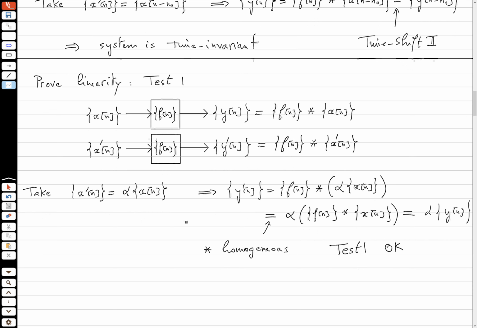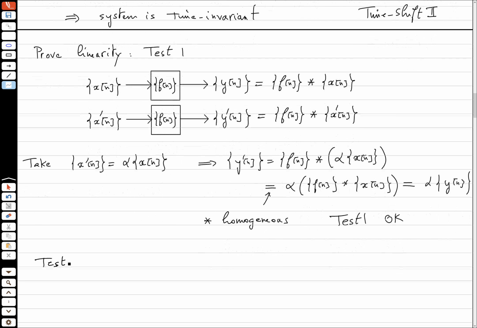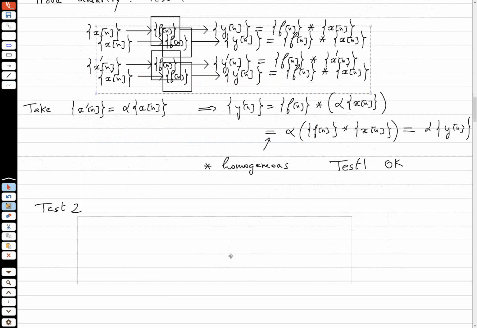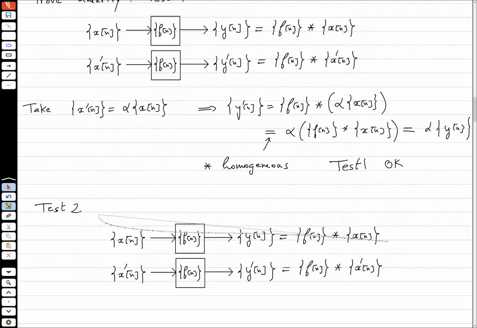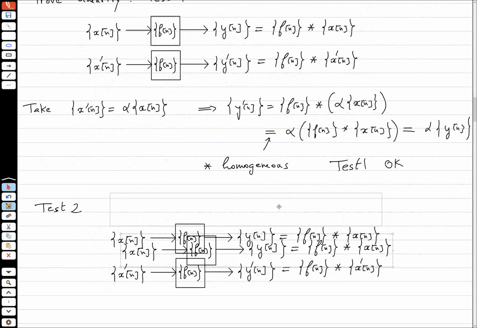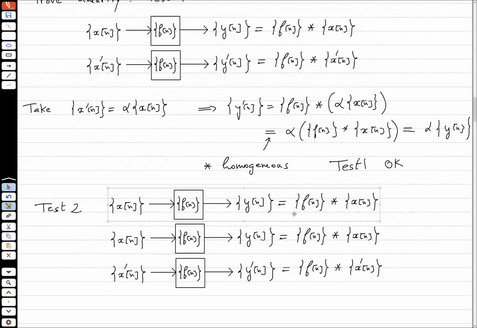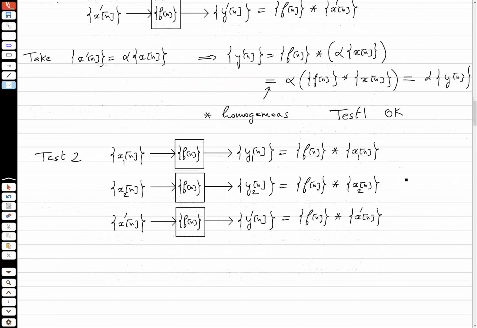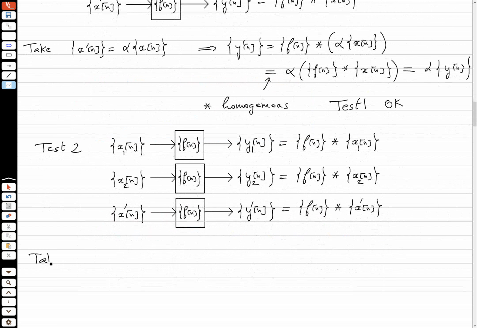Test 2. What do we do? We take three inputs, and the third one is the sum of the first two.